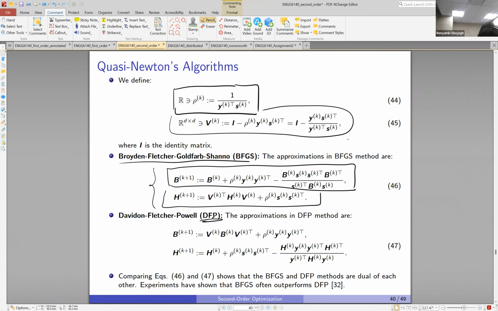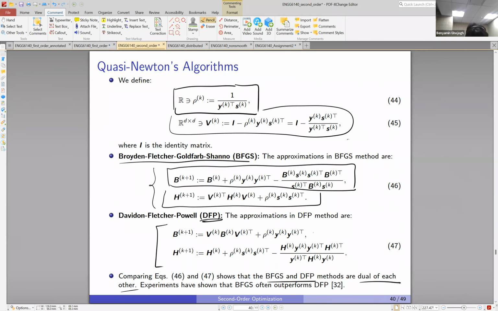The DFP algorithm also has some other things, but as you see, all of them use only rho, V, H, B, y, s. Comparing equation 46 for BFGS and 47 for DFP shows that the BFGS and DFP methods are duals of each other. You can see that.